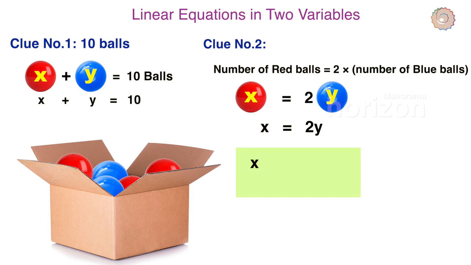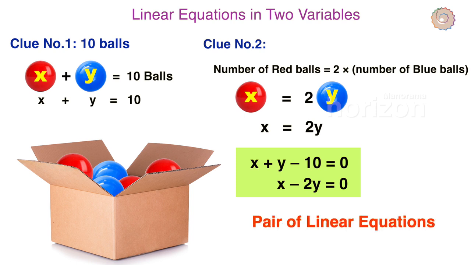That is, x plus y minus 10 equal to 0 and x minus 2y equal to 0. These two linear equations have the same two variables x and y. Equations like these are called a pair of linear equations in two variables.